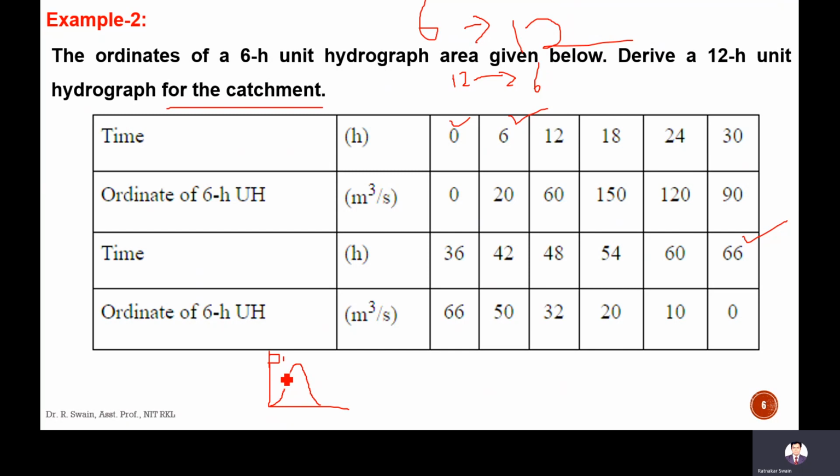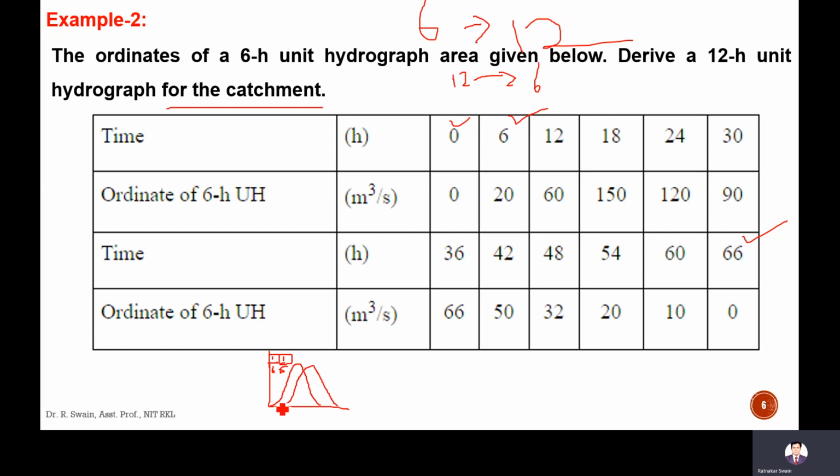We have to assume that for another 6 hours another 1 cm of rainfall is occurring. This is 1 cm, this is 1 cm, this is 6, this is 6. Like in the previous example, the unit hydrograph will start after 6 hours.